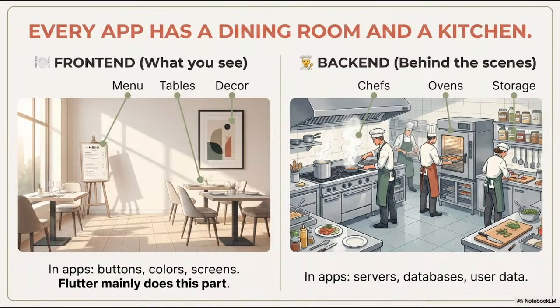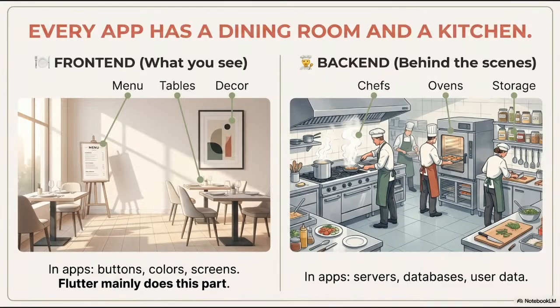For example, you can imagine the front end as a hotel restaurant's interior design, like the menu, tables, decor and lighting. These are the front end, which you visually see. When you view the menu and order food, the back end is like the kitchen, where the chef is working and making dishes, with storage, different food, oven and cooking.